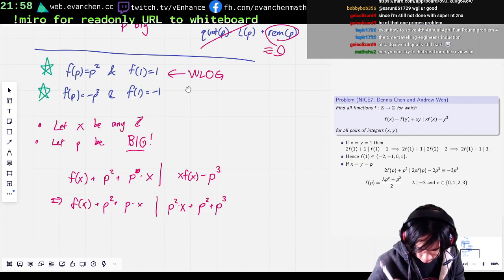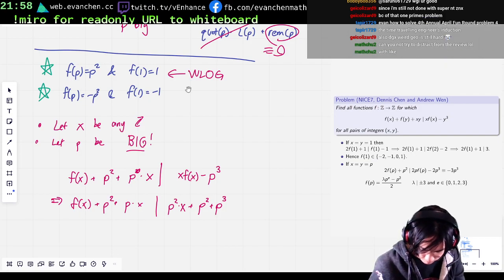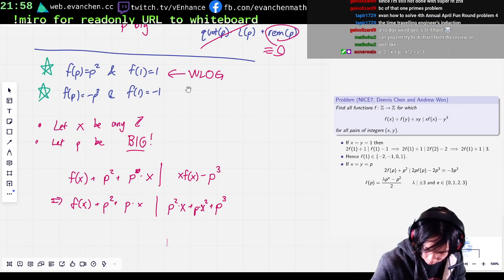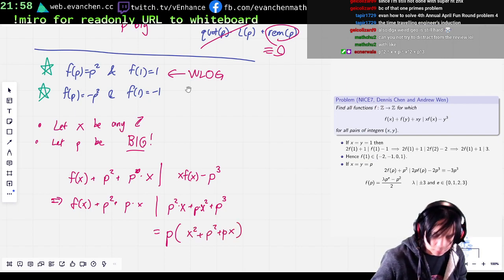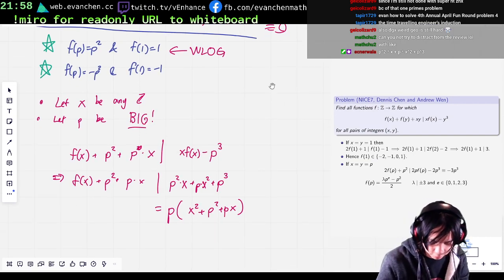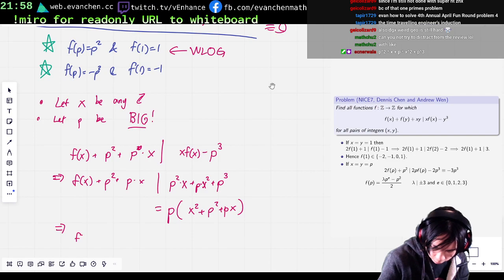No, what? It's supposed to be p times x squared. There we go. So this is equal to p times x squared plus p squared plus px. And now I can subtract another copy.